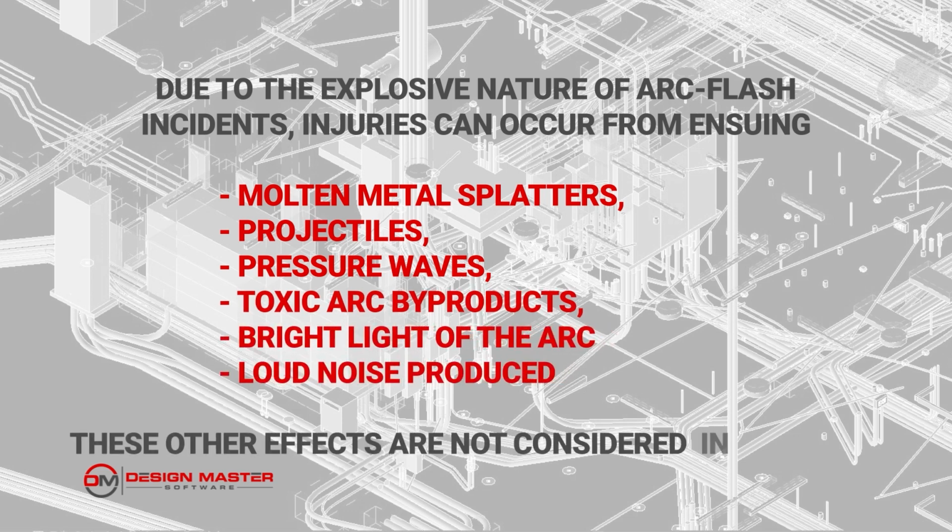These other effects are not considered in this guide. So the arc flash calculation is really just dealing with the energy and preventing burns. The other stuff is addressed in other standards, and the industry is obviously trying to keep workers safe to avoid those dangers, but realize that there's a lot more to the arc flash, just the burn danger.